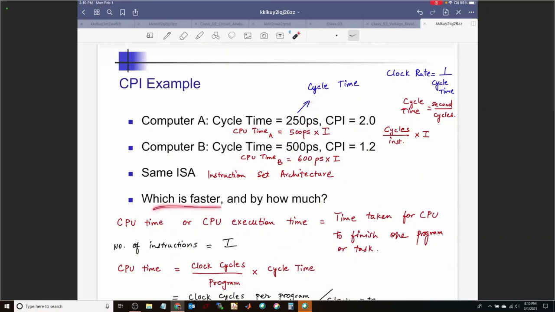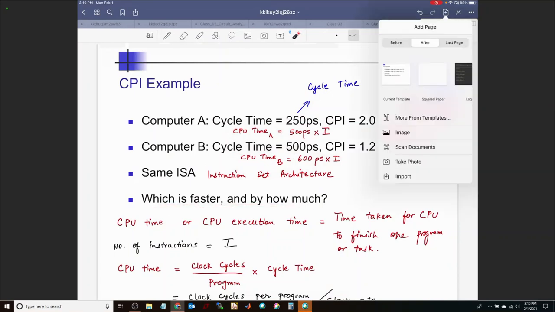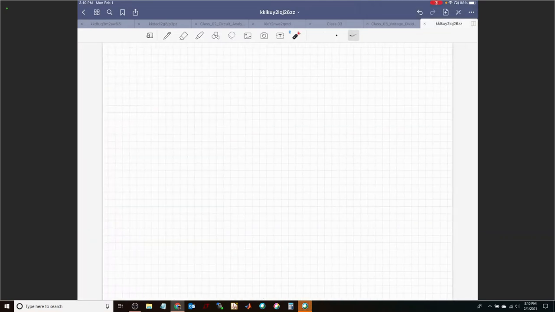So let's come back to this question just after a discussion on how performance is related to CPU time, execution time. A better performing CPU should have a smaller execution time.